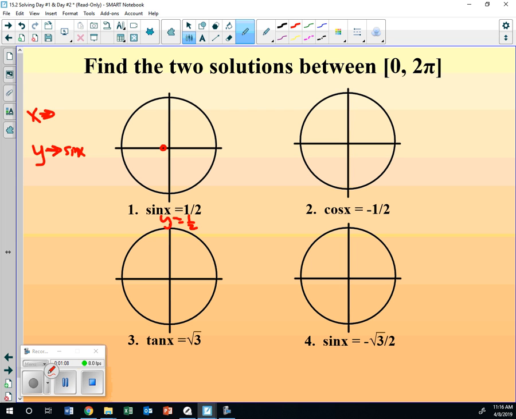Well, here's 0, here's 1, here's negative 1. So equal to a half is about like that. When you draw those lines, you can see the sine is a half in these two.